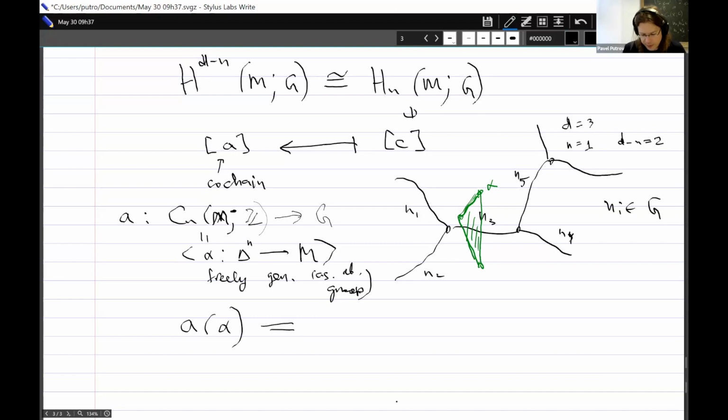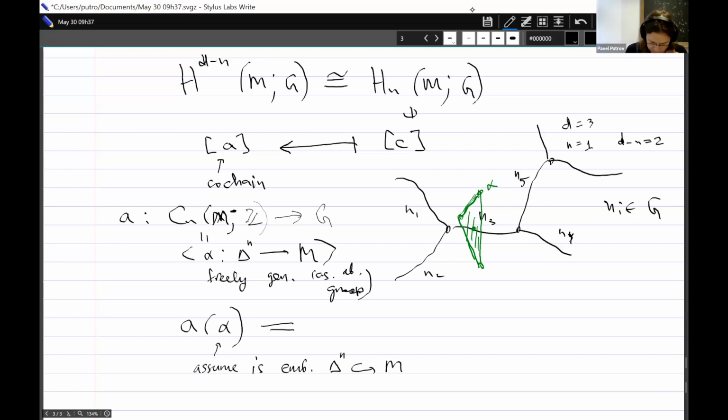Here alpha is some 2-simplex. Since we are just worried about intuition, let me assume that alpha is an embedding of delta n into M.